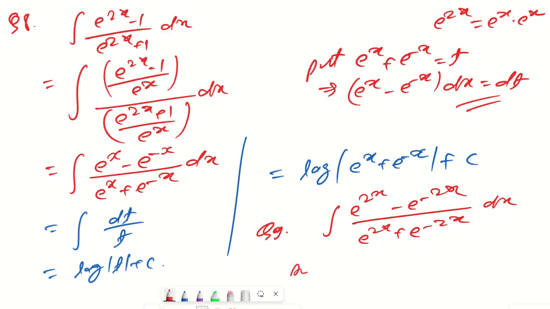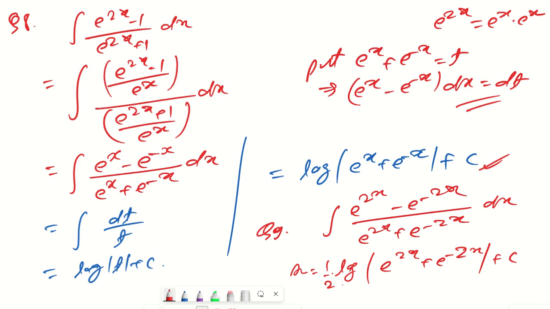The answer will be the same way as what we got here: log of mod e to the power 2x plus e to the power minus 2x plus some constant c, and this will be 1 by 2 times. So 1 by 2 times log of e to the power 2x plus e to the power minus 2x, plus c.